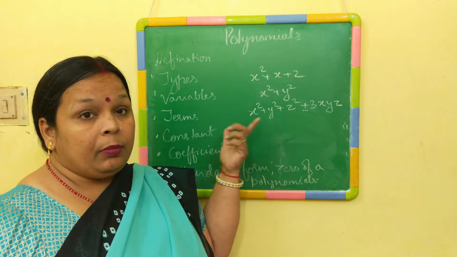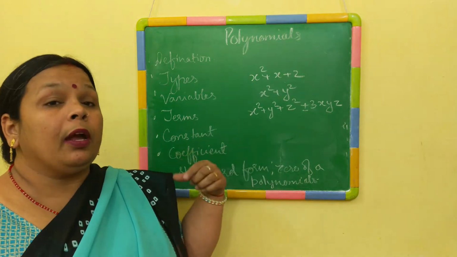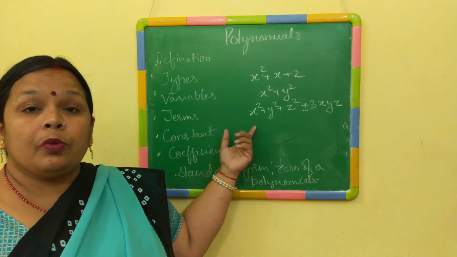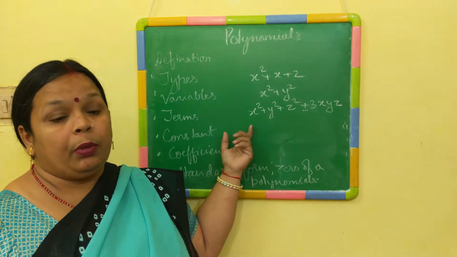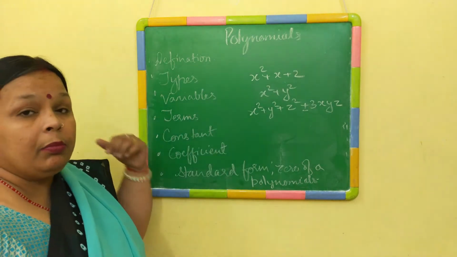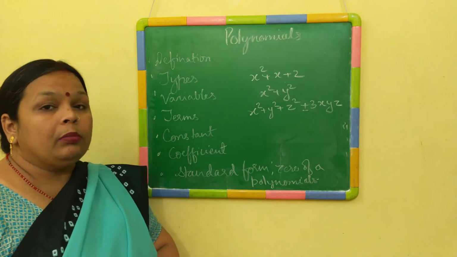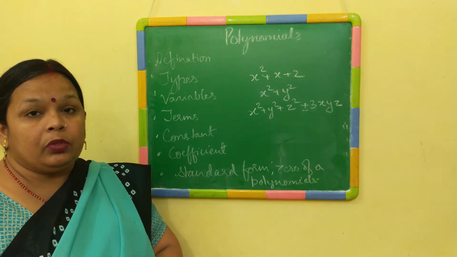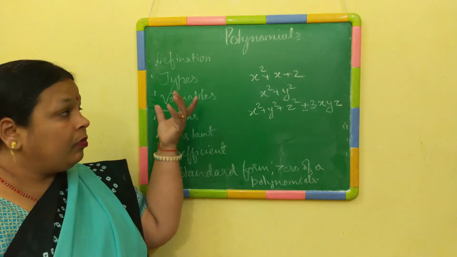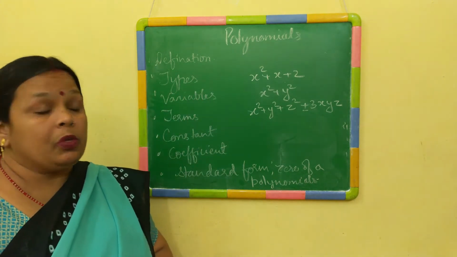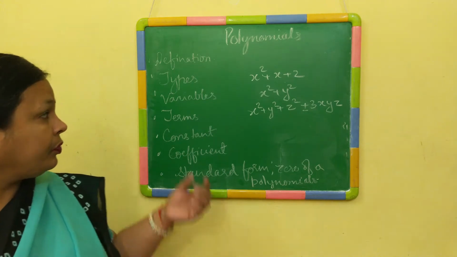But as I explained in my previous video also, we are going to discuss mostly single variable polynomials. Then we learnt about the types of polynomials, where we discussed one term, two term, three term and four term polynomials, and we classified them as types of polynomial.